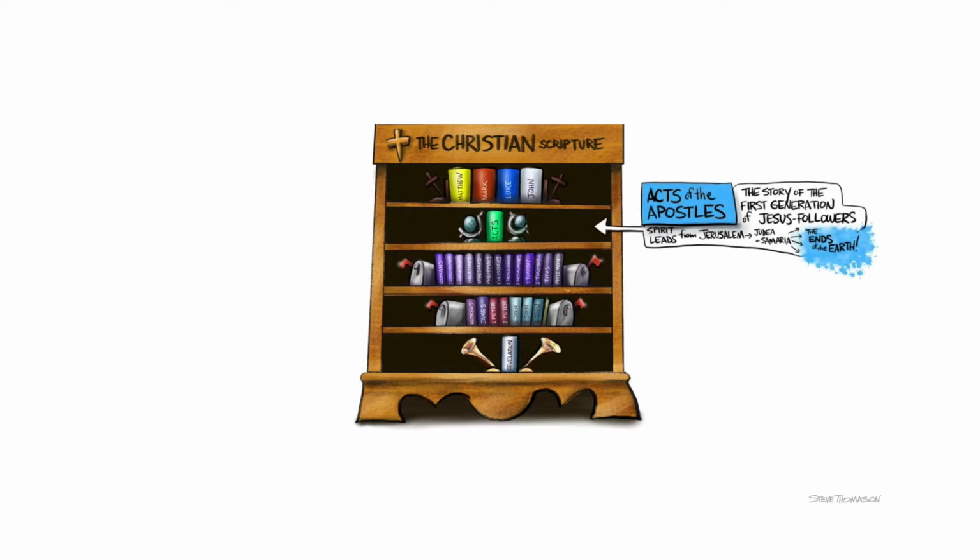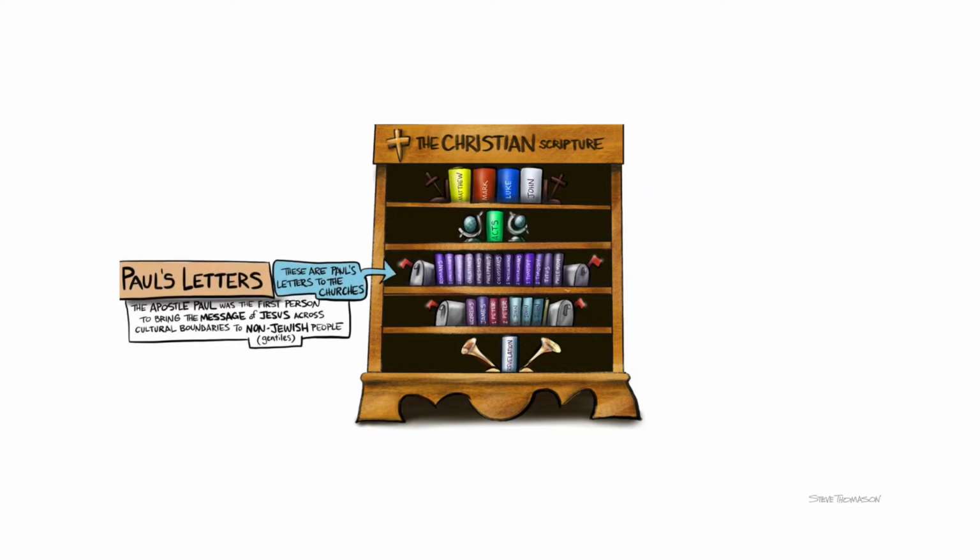And then there is a book called the Acts of the Apostles. This is the story of the very first generation of Jesus followers who are trying to make sense out of Jesus in light of the Greco-Roman world and how to tell the story of Jesus in their own context. And then those leaders write letters to the churches that they started. And the Apostle Paul wrote a bunch of letters, so he gets his own shelf.